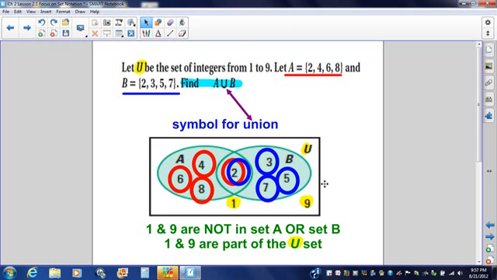All of the numbers inside this box belong to the universal set. They're telling you that set A is 2, 4, 6, and 8. They're telling you that set B is 2, 3, 5, 7. We want to find the union.